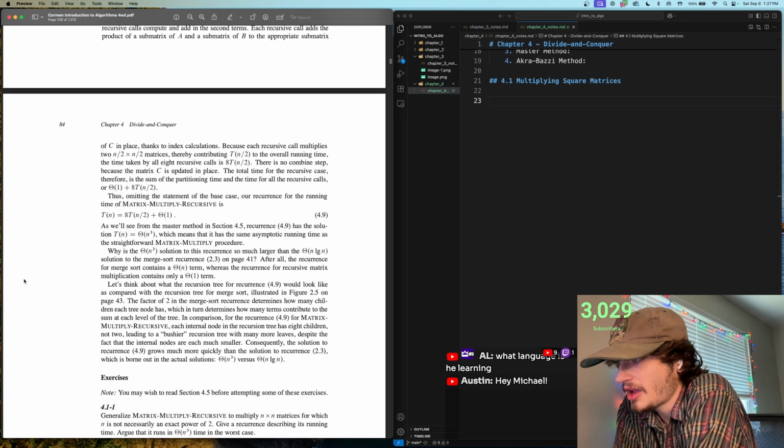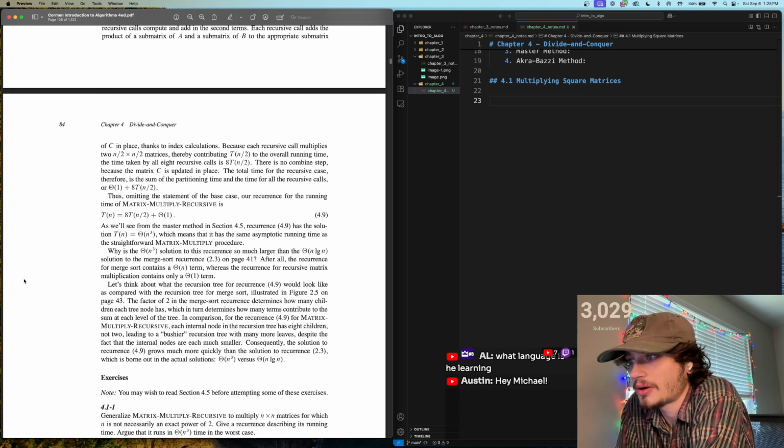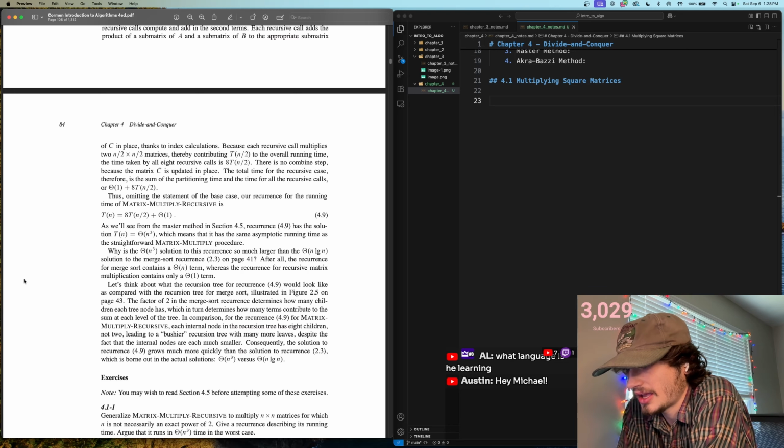In comparison, for recurrence 4.9 for matrix multiply recursive, each internal node in the recursion tree has 8 children, not 2, leading to a bushier recursion tree which has more leaves despite the fact that the internal nodes are each much smaller. Consequently, the solution to recurrence 4.9 grows much more quickly than the solution to recurrence 2.3, which is borne out by the actual solutions Theta of n cubed versus Theta of n log n.